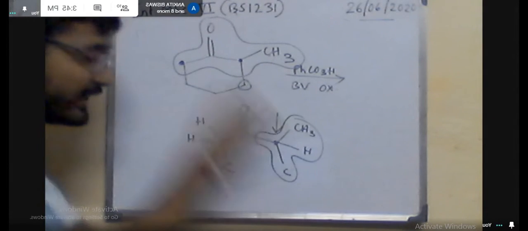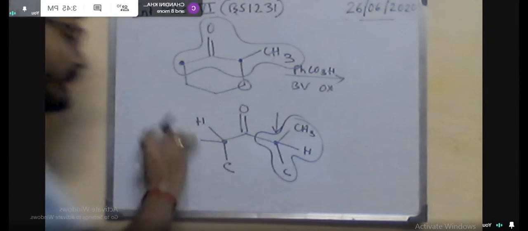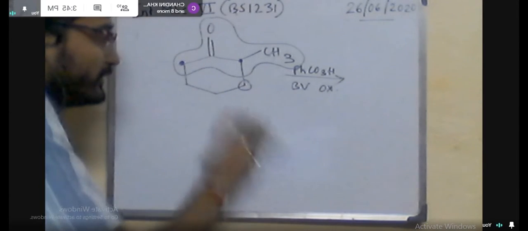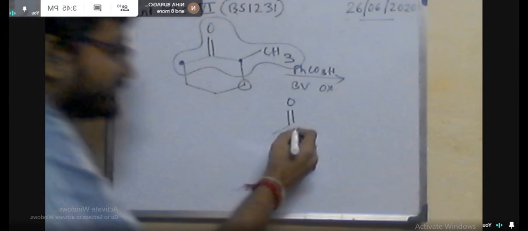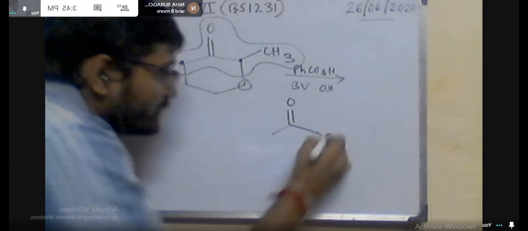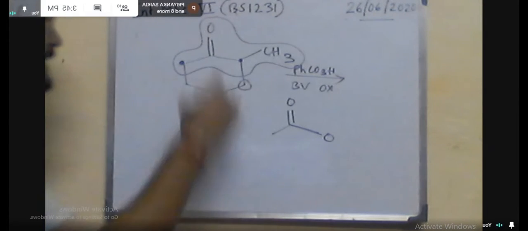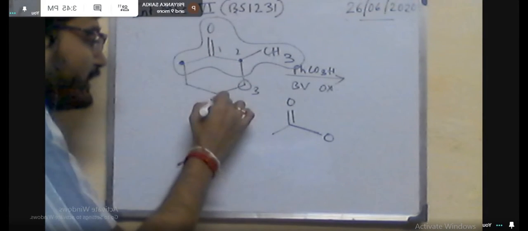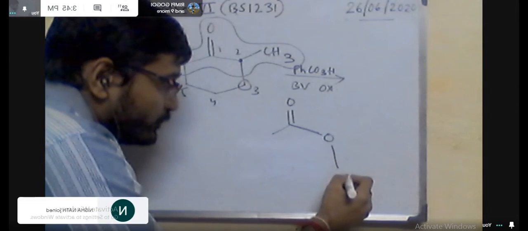Now, in this case, again if we consider the electronic effect, say CF3 instead of CH3, this position is the CF3.